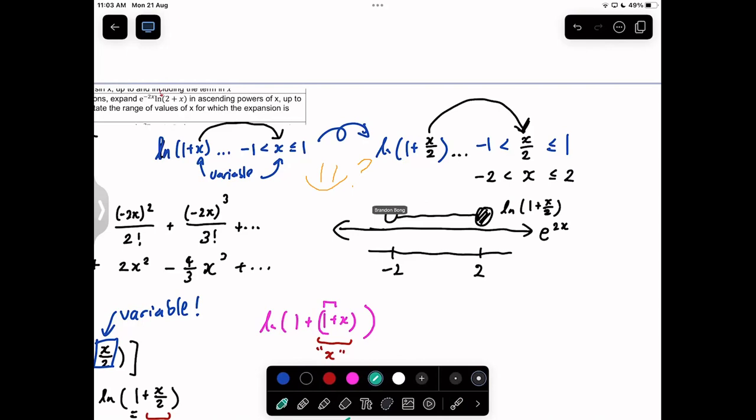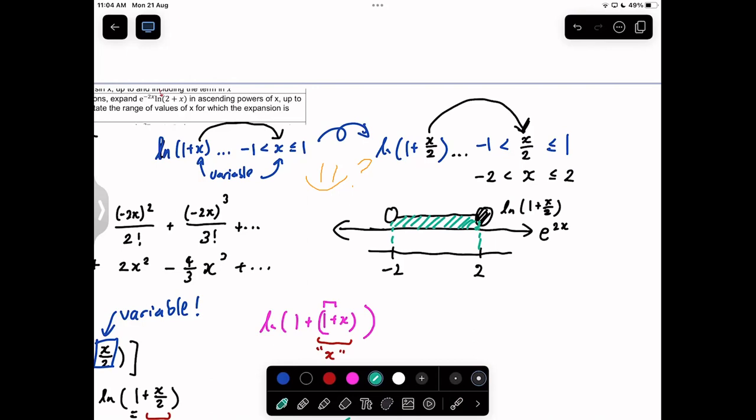Okay, I see it. Do you know where it is? The overlap? Okay, so it's over here, you see. Can you see the overlap? That means it's just the domain of the ln(1 plus x over 2).